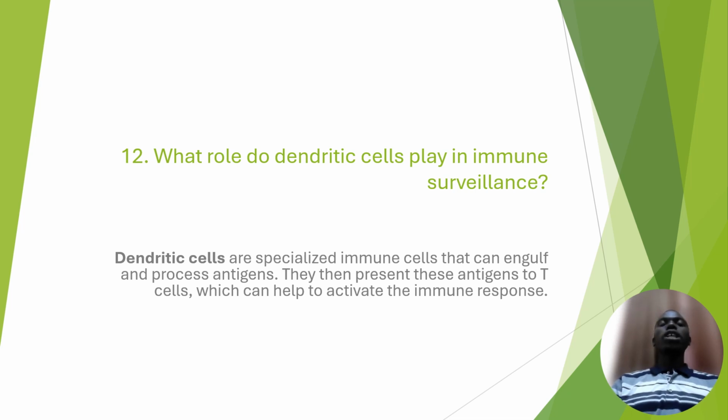This means first the dendritic cells are able to engulf the pathogen, and then they secrete enzymes which digest that pathogen. They also process antigens, presenting the antigen to another cell for activation of the immune response.